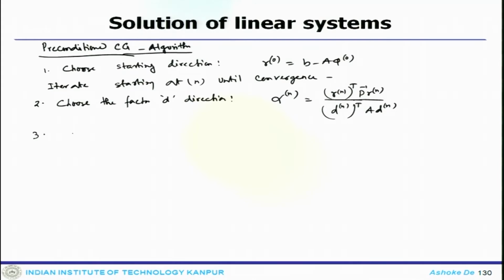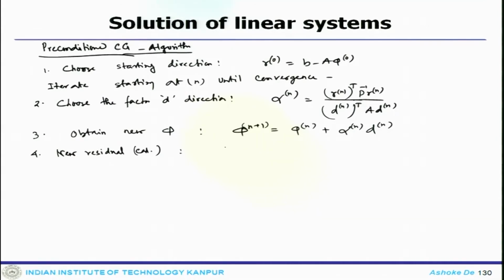The third step is that you obtain the new phi, such that phi n plus 1 equals phi n plus alpha n dn. In the fourth step, you calculate the new residual: R n plus 1 equals R n minus alpha n A dn.